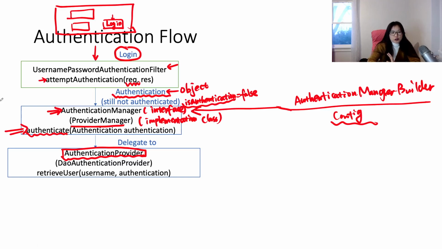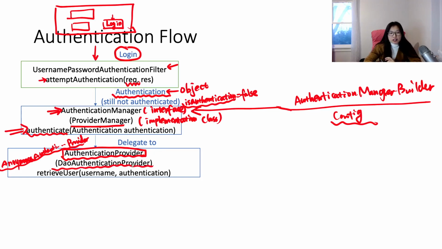Later on, when I show you the flow, it will also have one called the AnonymousAuthenticationProvider. But the main provider, which in our case does the authentication, is this DaoAuthenticationProvider.